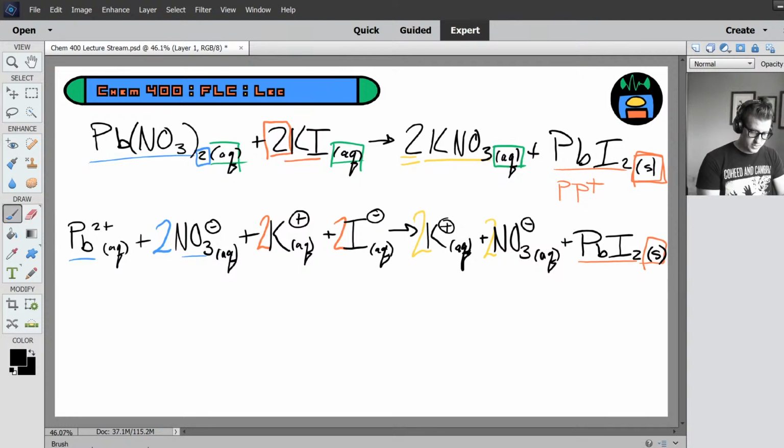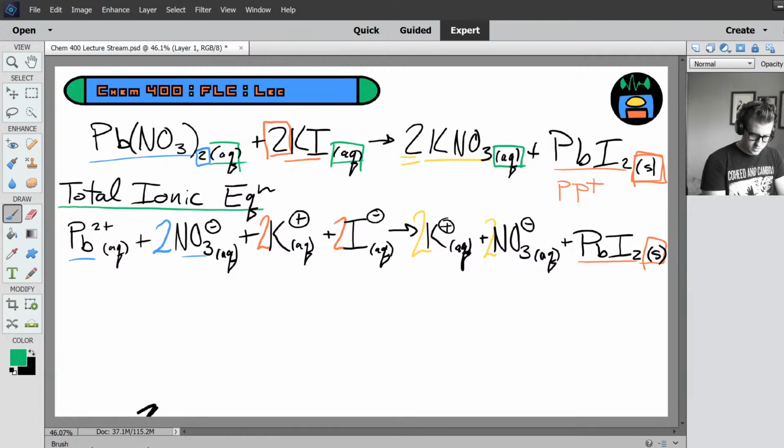This is called the total ionic equation. All right, this is our total ionic equation.